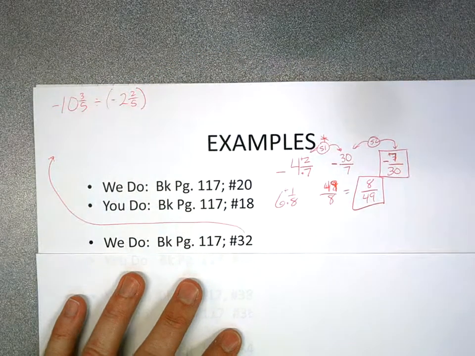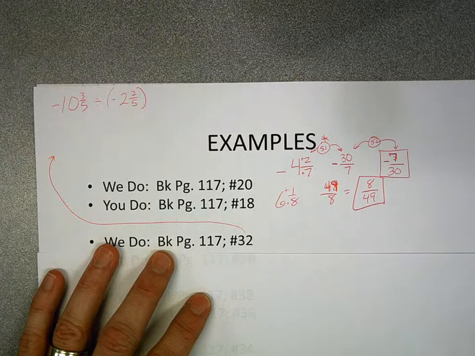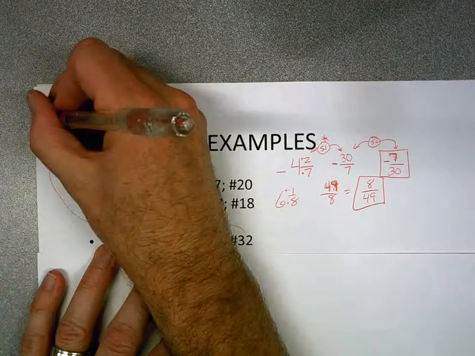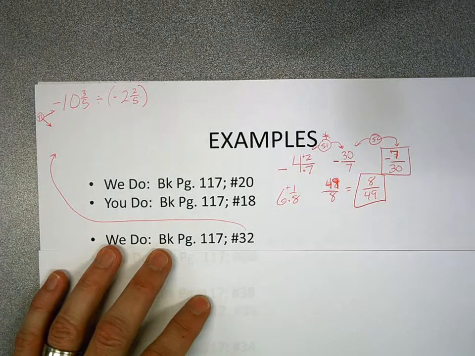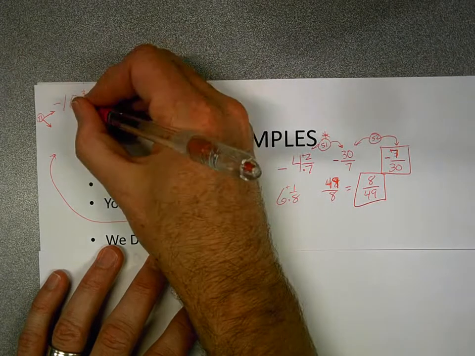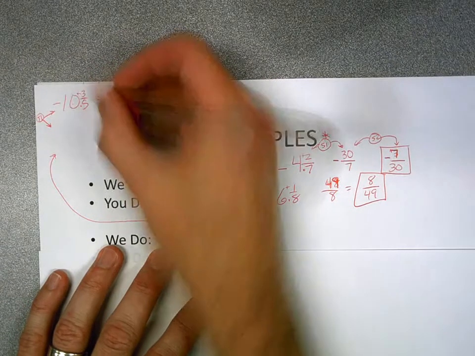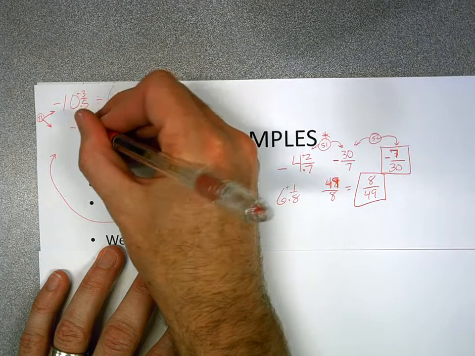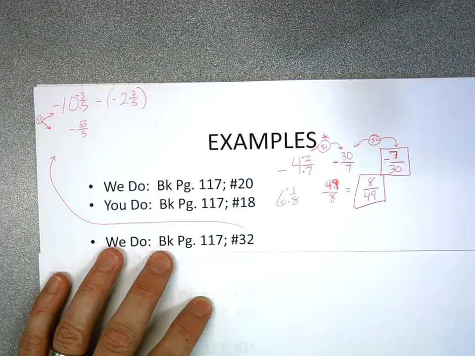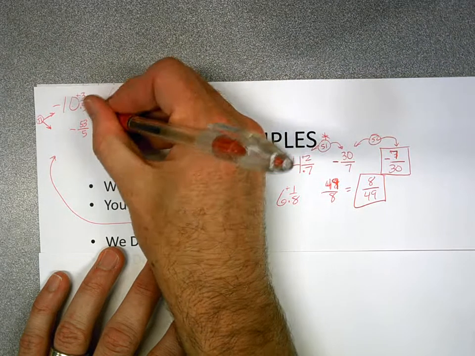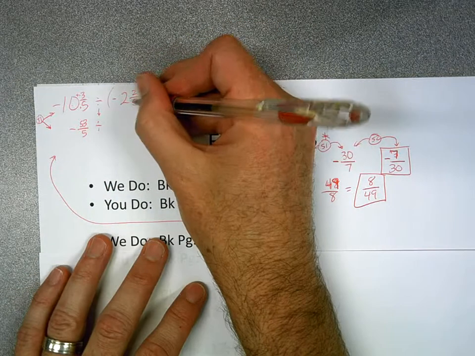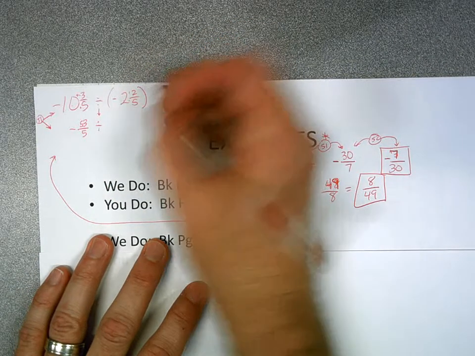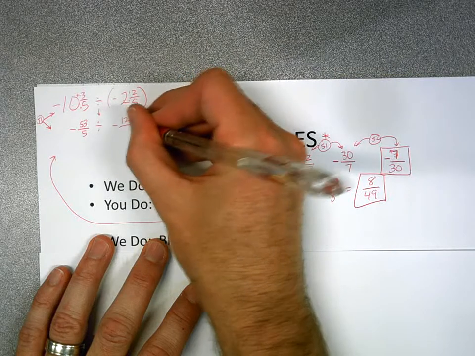Step 1 is convert the mixed numbers to improper fractions. So 50 plus 3 is negative 53/5. I bring down my division sign, and I convert this one. 10 plus 2 is 12, so it's a negative 12/5.